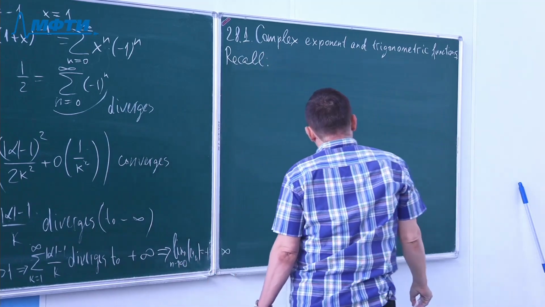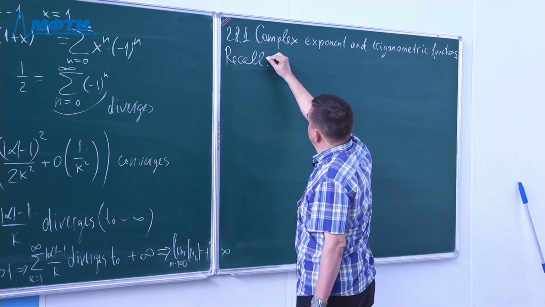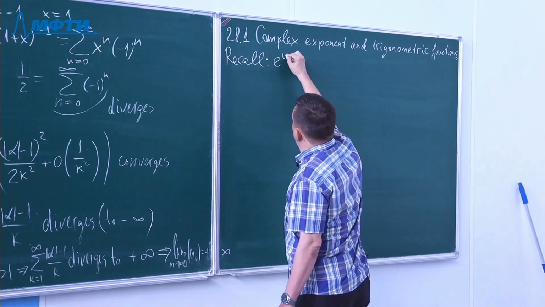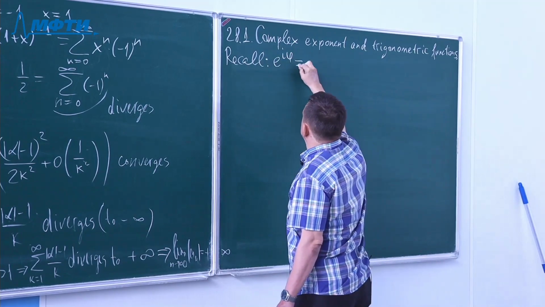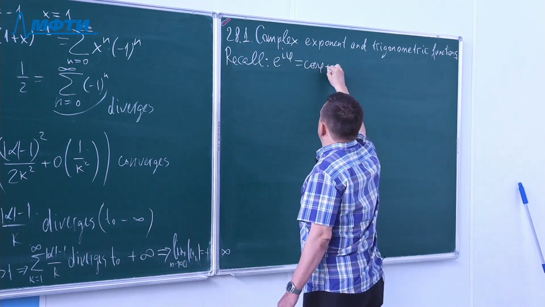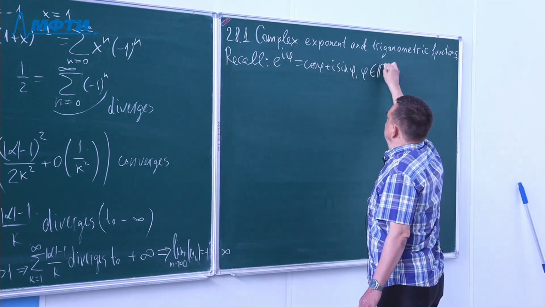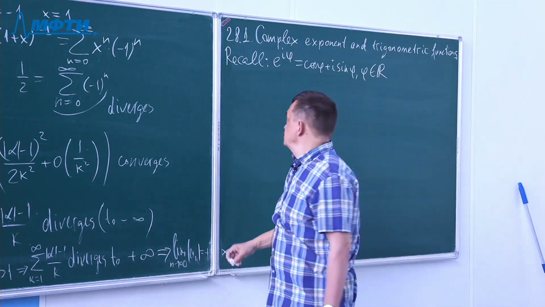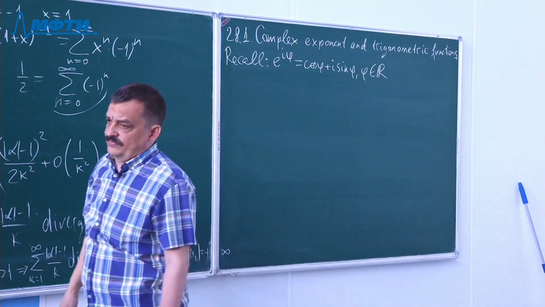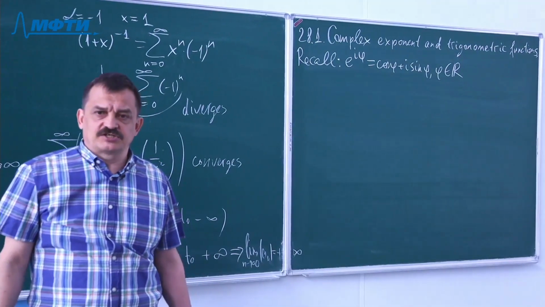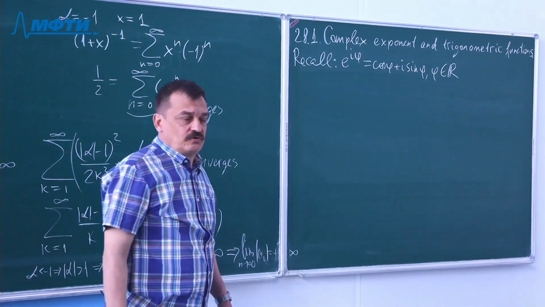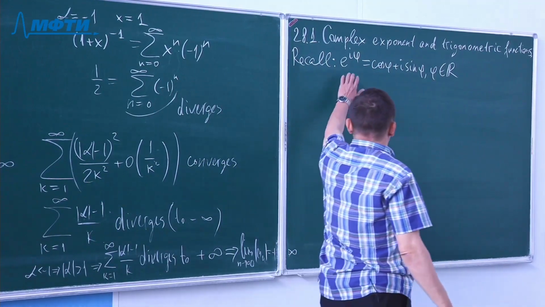We had a definition for e to the power i phi as follows, with phi real. That was the definition of the exponential function for such values of the argument.